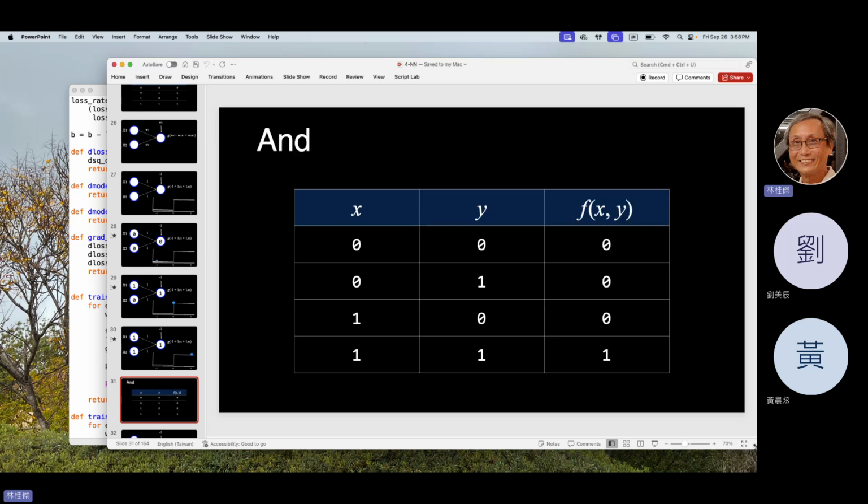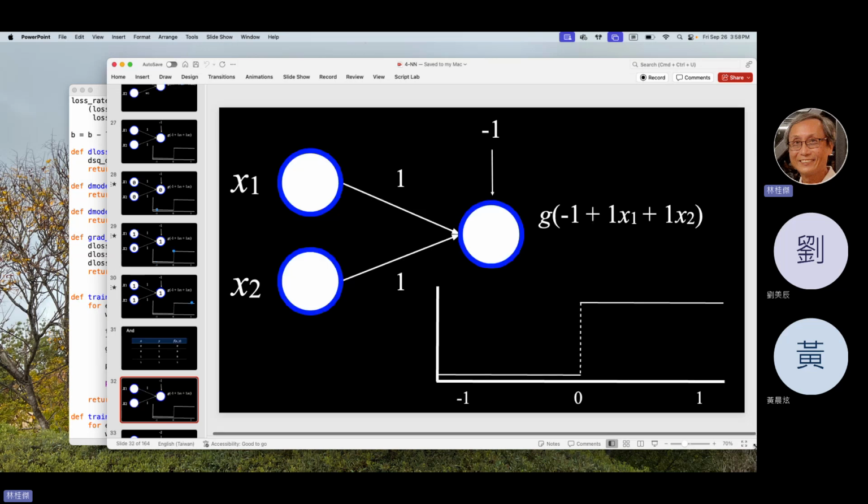The same thing we can do for the AND. The difference between the AND and OR is that only when both of the inputs are 1, then your output is supposed to be 1. So for this one here, we're going to build a neural network with the bias to be -2, and the rest of the W is still the same.